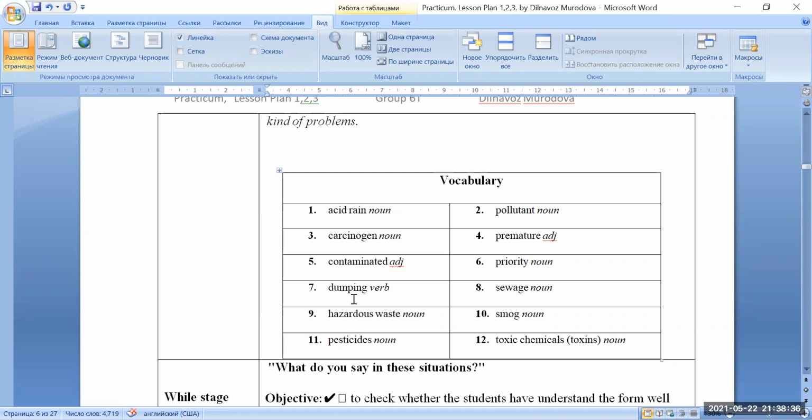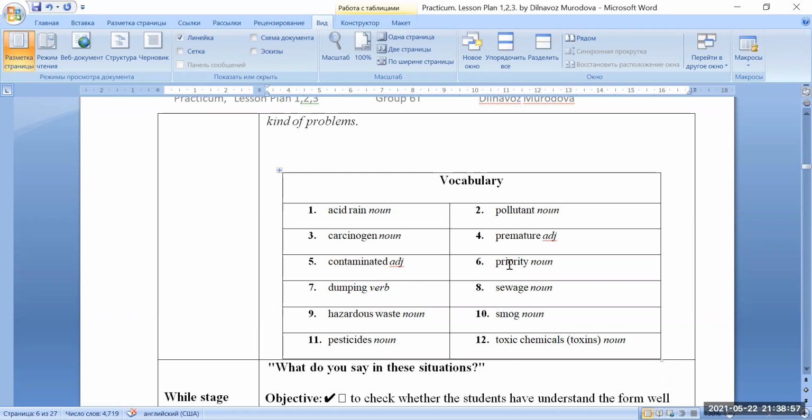They are all topical vocabulary which you should know and learn in this lesson. Maybe it's poisonous. Yes, a poisonous substance which causes disease.